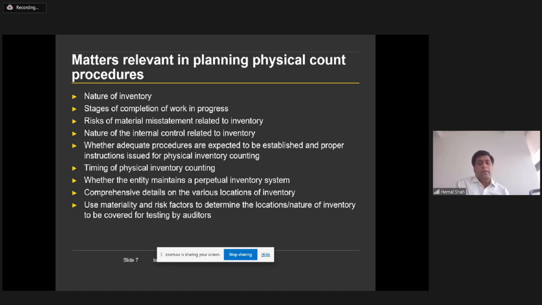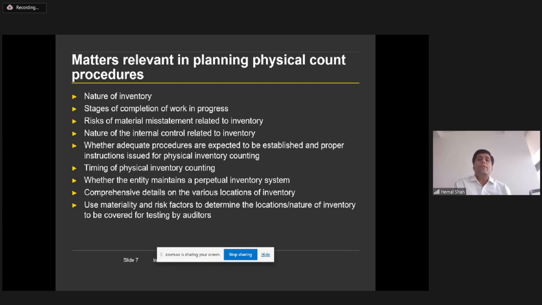Use materiality and risk factor to determine the location and nature of inventory to be covered. Again, this is quite critical. If there are 10 locations and the amount of inventory is different at each location, the auditor will have to do pre-planning to see what the likely inventory on year end will be at different locations and pick up the locations which give more comfort, more coverage, in terms of value as well as in terms of risk.